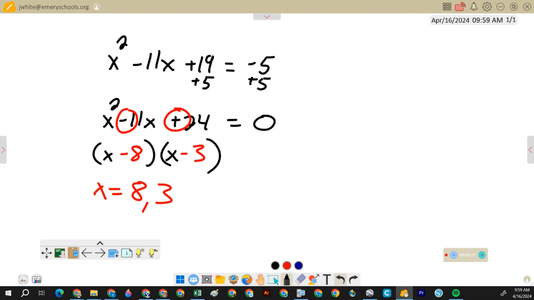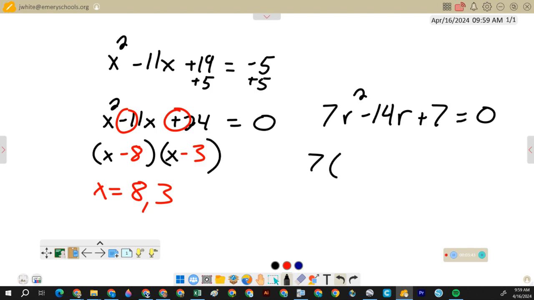Look at number 10. 7r squared minus 14r, and I need to add that constant to the other side. What should we do here? Take out the 7.